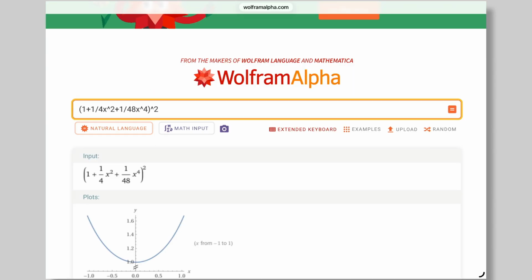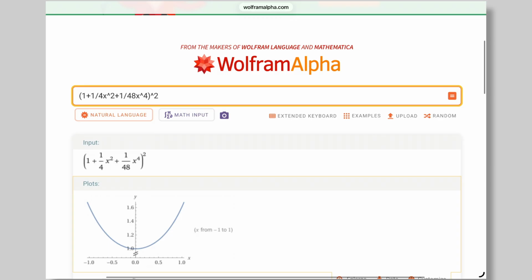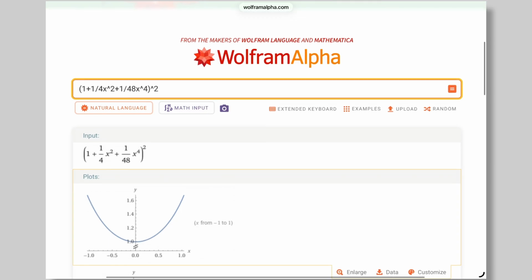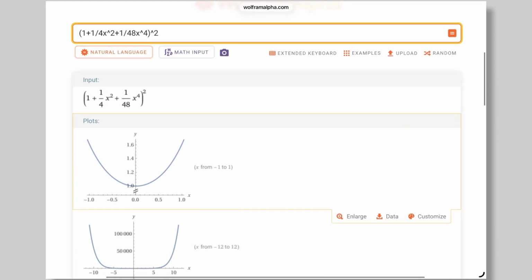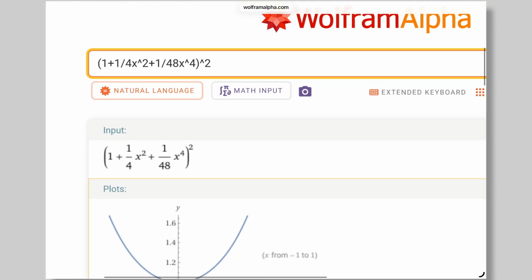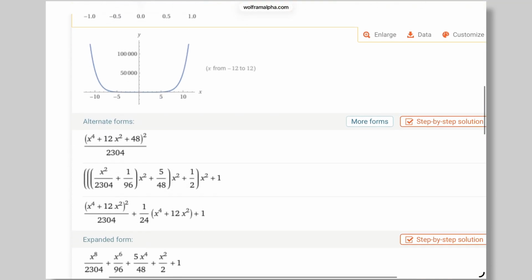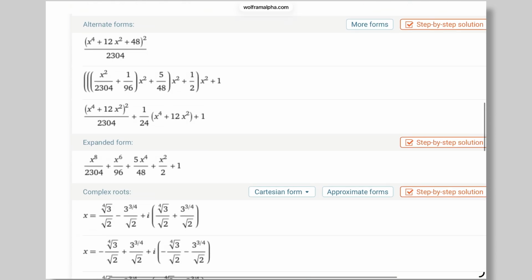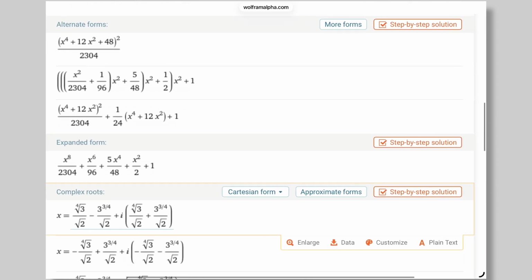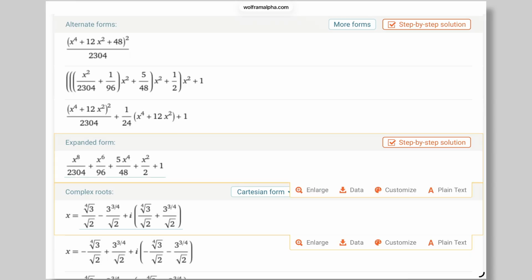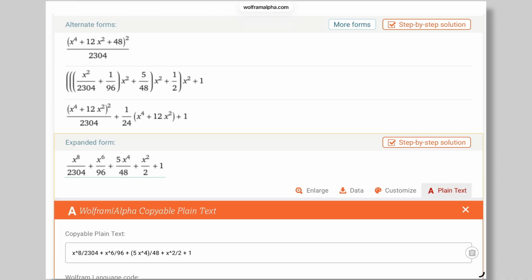I've got Wolfram Alpha here, and I've put 1 plus 1/4 x squared plus 1 over 48 x to the 4th quantity squared into it. The first thing it does is it repeats your input, so it makes sure that what you thought you put in is what you put in. I'm going to go down here to where it says expanded form, and then if you hover over this on a computer or tap it on your tablet and go to plain text, you can copy the plain text.